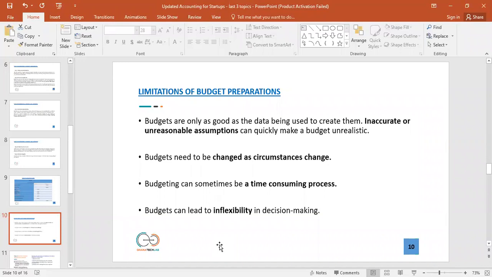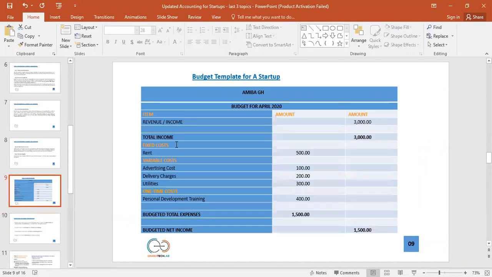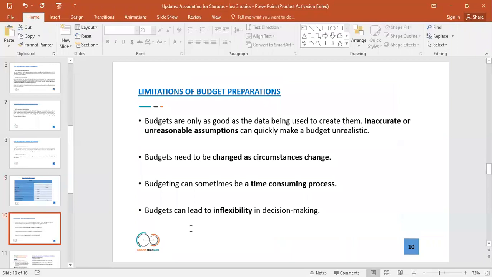If you make all your estimations unrealistic, you know that with what you do, the maximum income you can get is 3,000, but you put there 5,000. Rent is fixed, so 500. Advertising cost, let's say 300. Delivery charges, 400. Unrealistic. Another day, you realize that you have overspent a lot, and you'll be wondering, how am I incurring these expenses? So it makes the budget quite unrealistic.